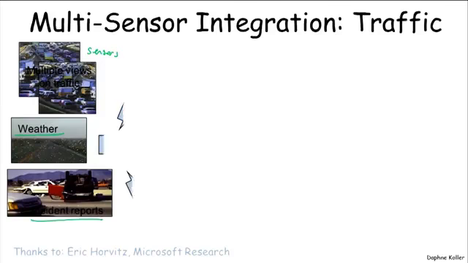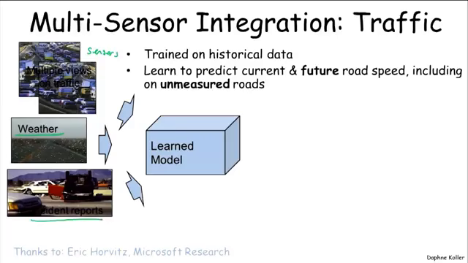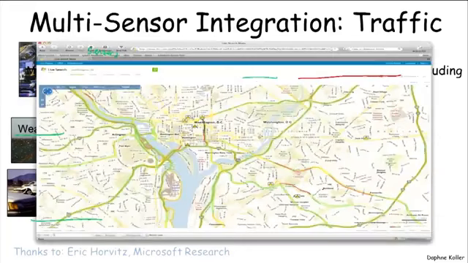We'd like to take all this together and use a model that, as it happens, was learned from data. And that model is then used to predict both current and future road speed, including not only on roads where we have sensors that measure traffic, but even more interestingly, on roads where traffic wasn't measured.